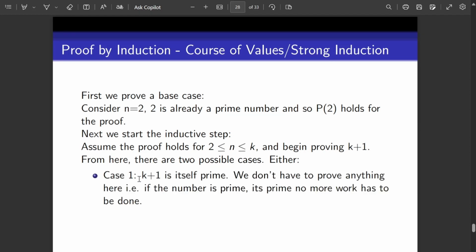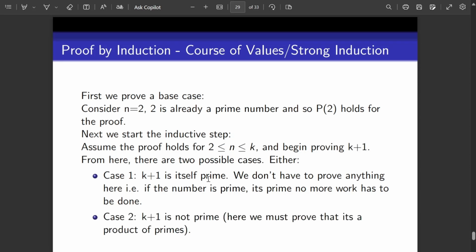In case 1, k plus 1 is itself prime, and we don't really have to prove anything. It just is prime. There's nothing more to say. And in case 2, k plus 1 is not prime, so we have to prove that it's a product of primes.